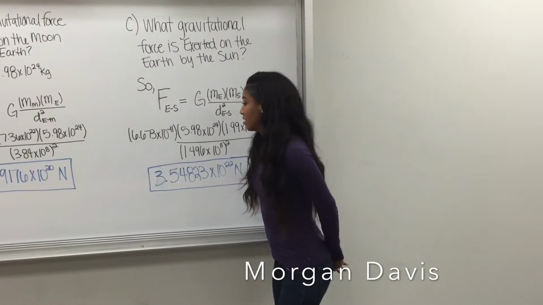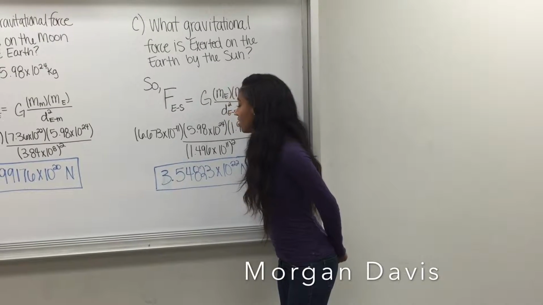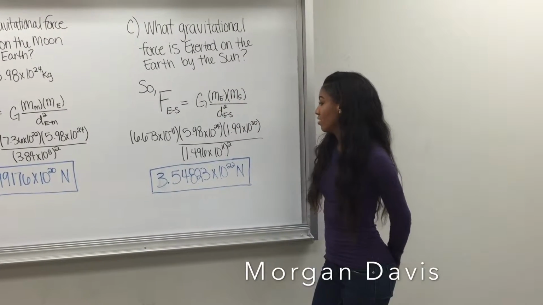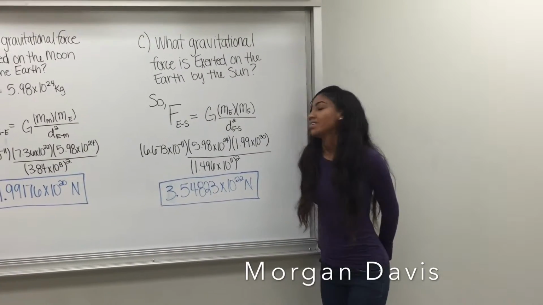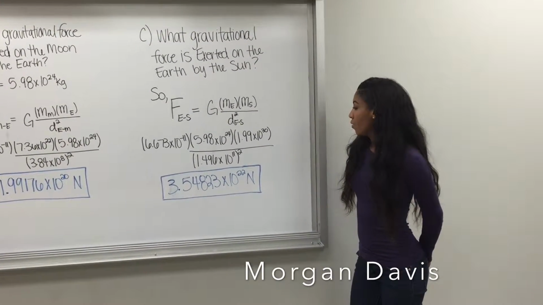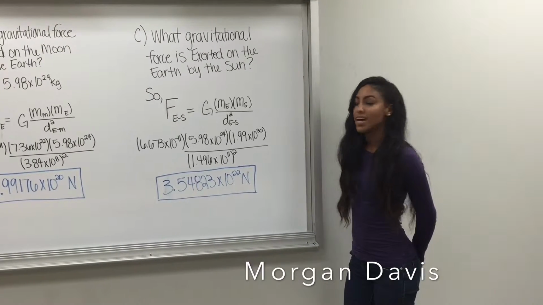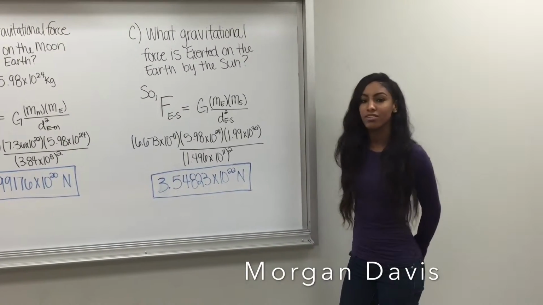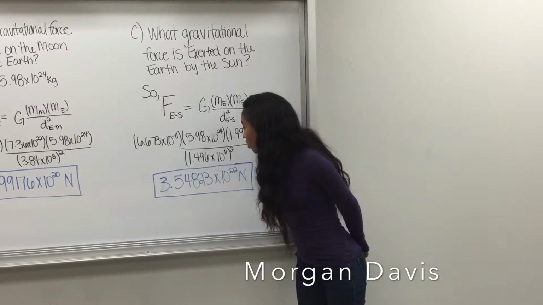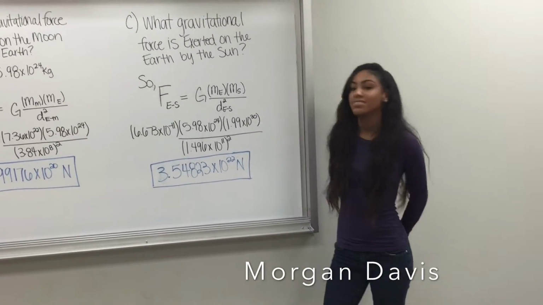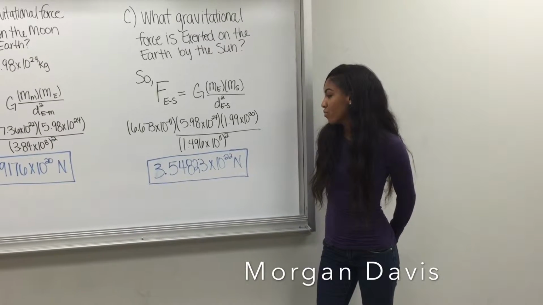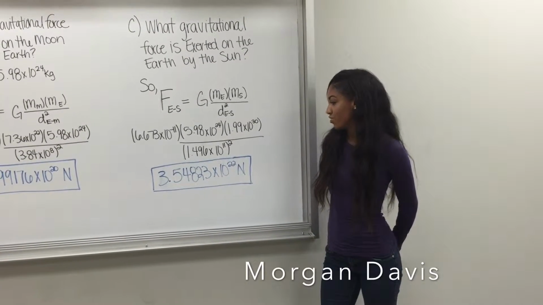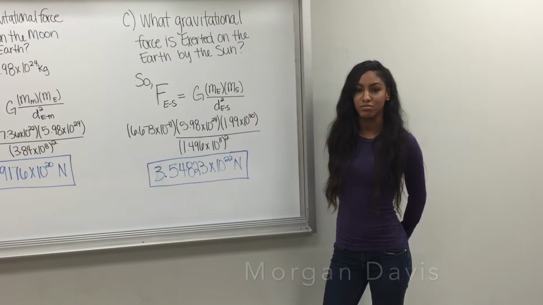Our numbers are 6.673 times 10 to the negative 11 times 5.98 times 10 to the 24th times 1.99 times 10 to the 30th, divided by 1.496 times 10 to the 11th, squared. And our answer is 3.54823 times 10 to the 22nd newtons.